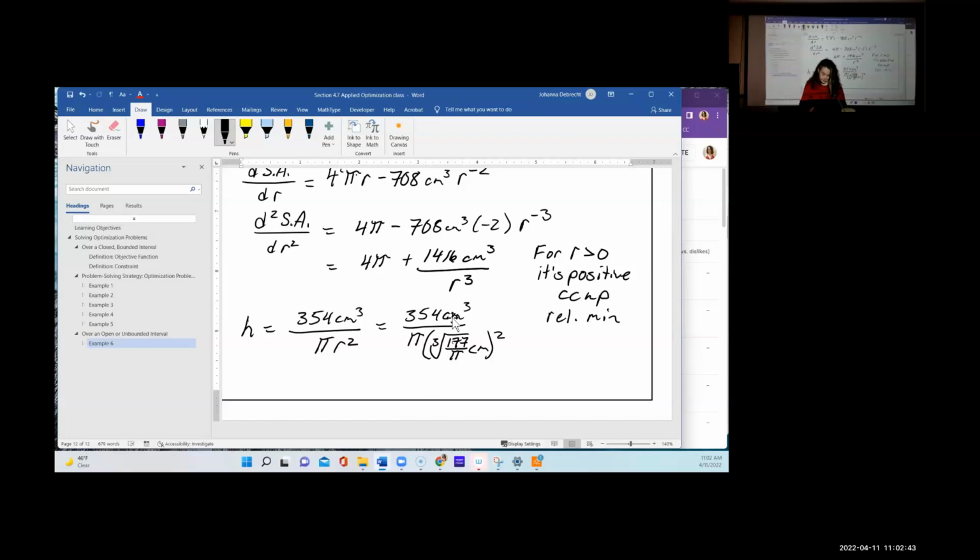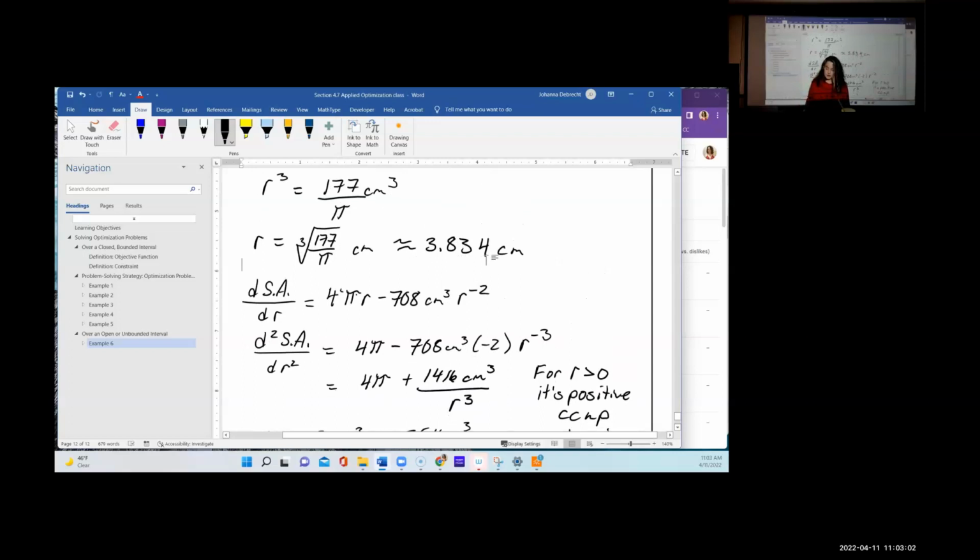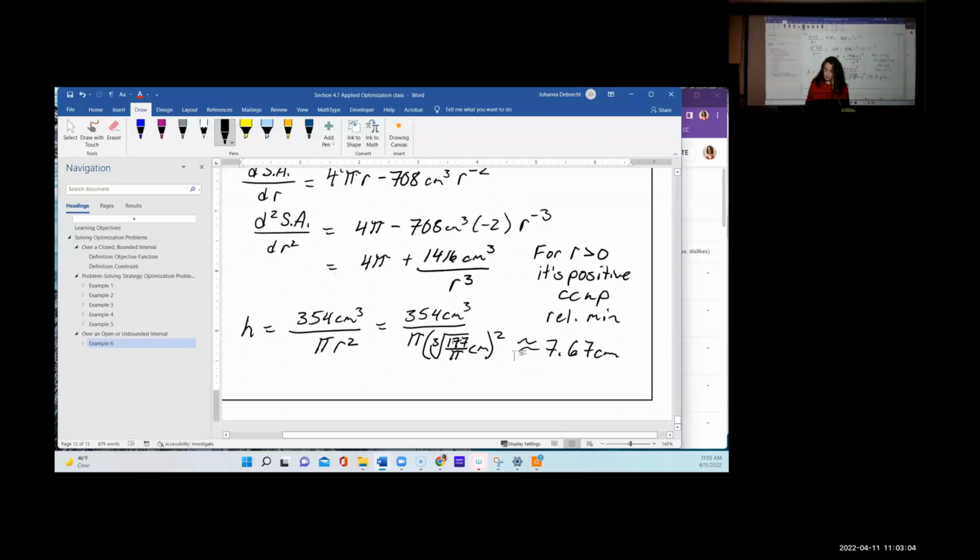Times 354 divided by pi again. I got about 7.67 centimeters, which is reasonable. All right. So we have a can that's about 3.8 centimeters in radius and 7.67 centimeters in height, which sounds reasonable. Okay.